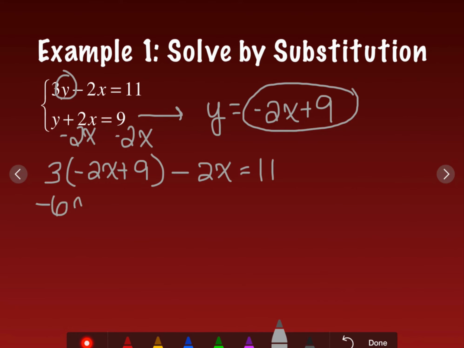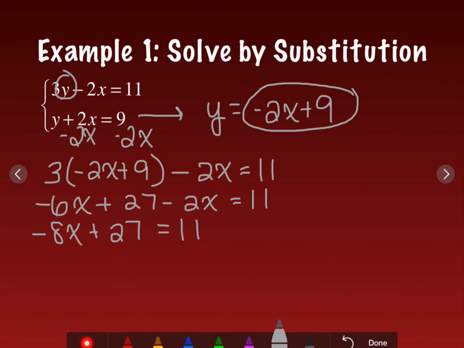So I'm going to distribute and combine my like terms. Once I isolate my variable, I have x is equal to a positive 2.